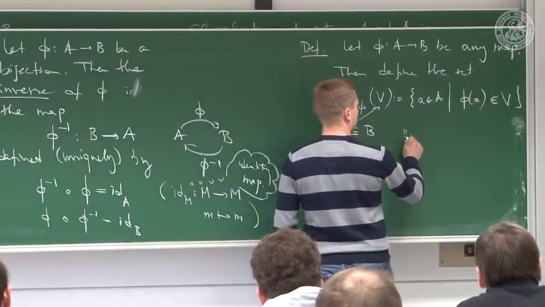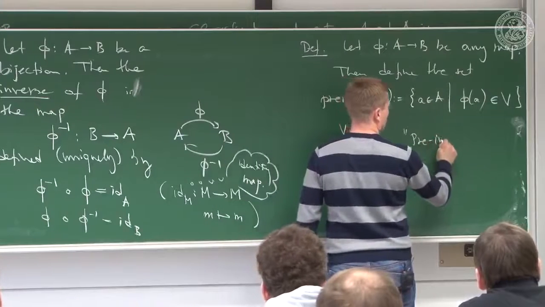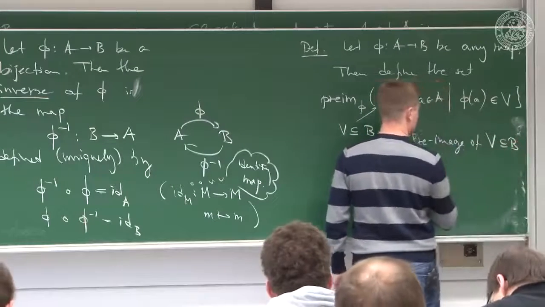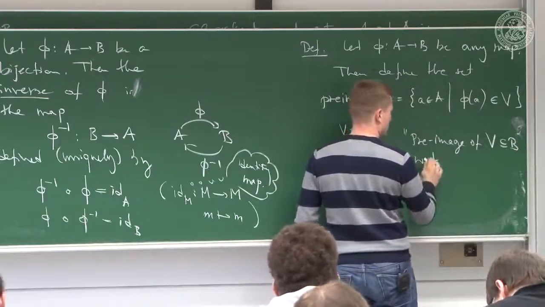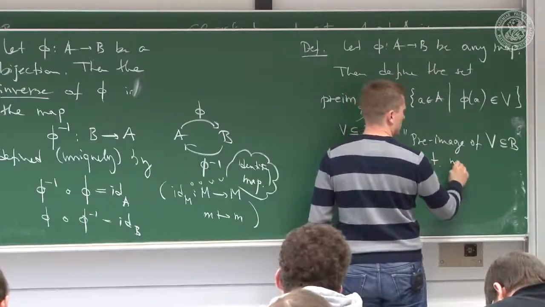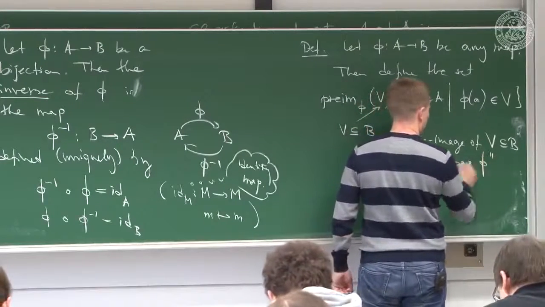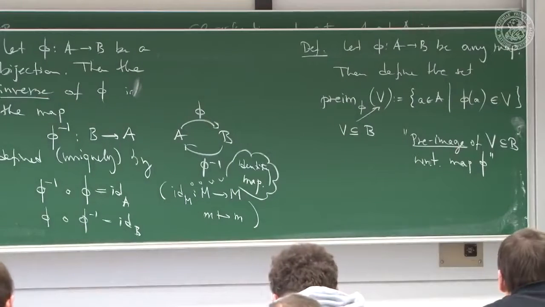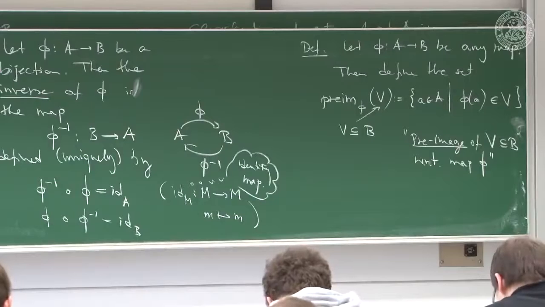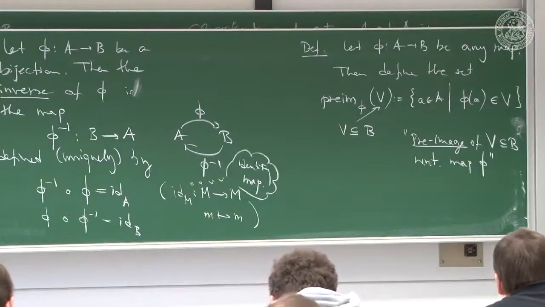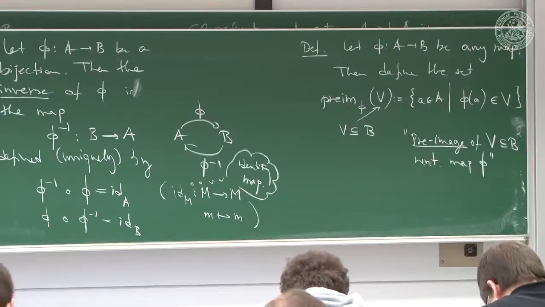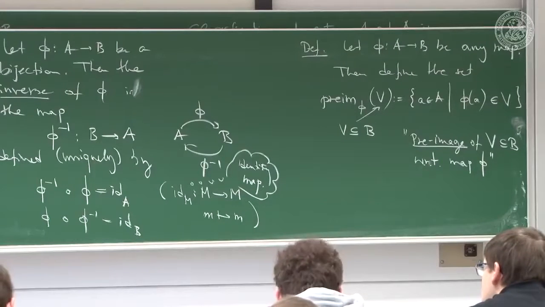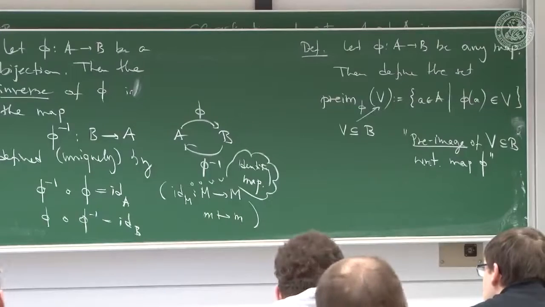It's called the pre-image of the set V in the target with respect to (WRT) the map phi. All right? It's all basic notions. It's convenient to fix notation once and for all.